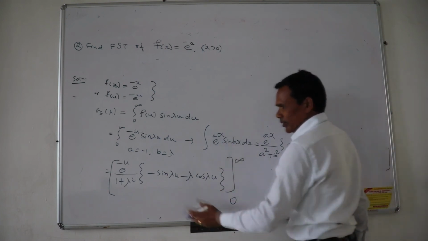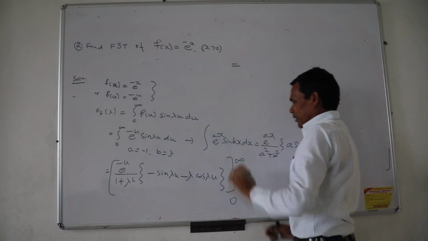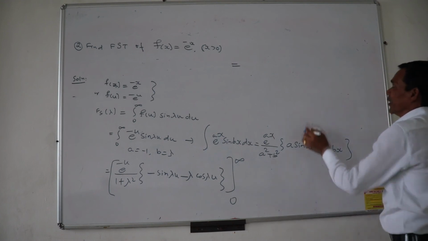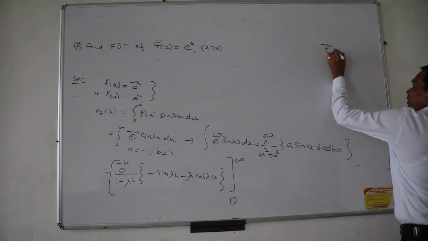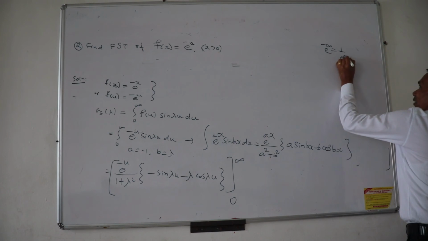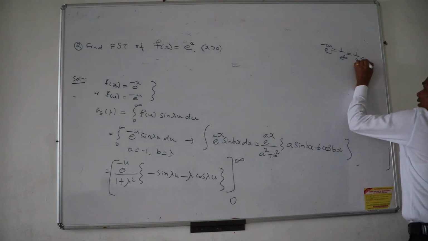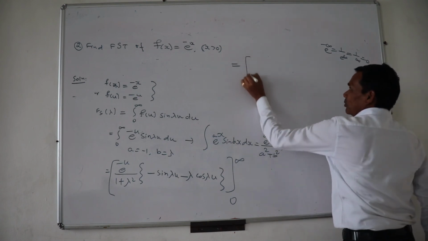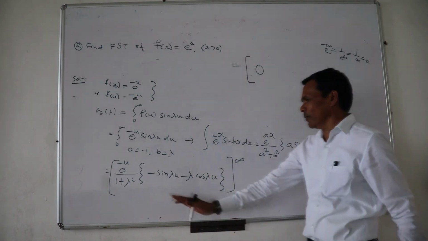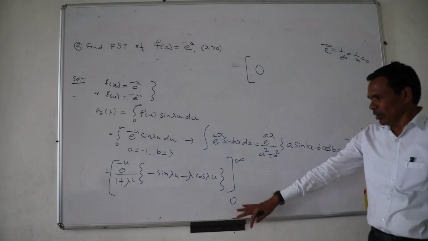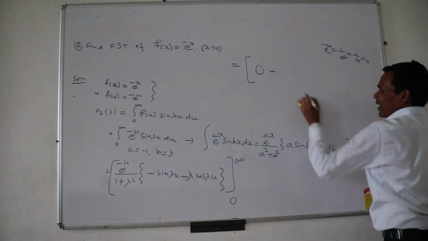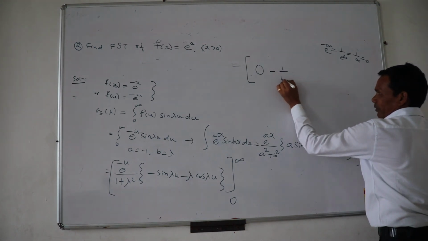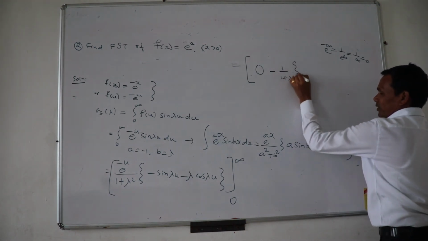If you apply the upper limit infinity, you get e raised to minus infinity, which is something like 1 upon infinity, and it would be 0. So the upper limit value is 0, because 0 multiplied by the whole expression is 0. For the lower limit, it is minus e raised to 0, which is 1, over 1 plus lambda square inside the bracket.